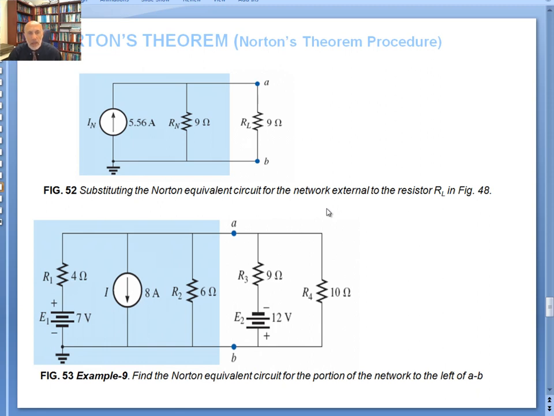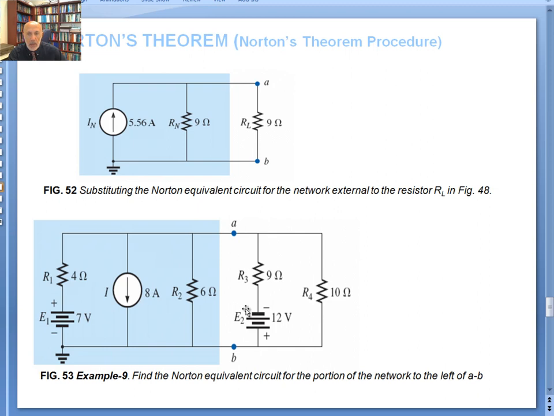And the other example, look at an example with 3 sources. Here it says to find the Norton equivalent circuit for the portion to the left of A and B. So here, we're really not interested in anything in this part of the circuit.